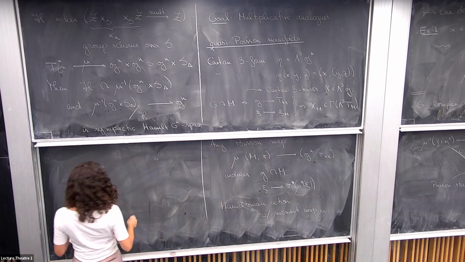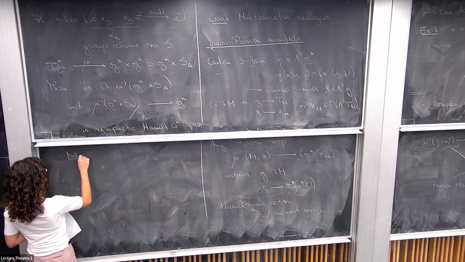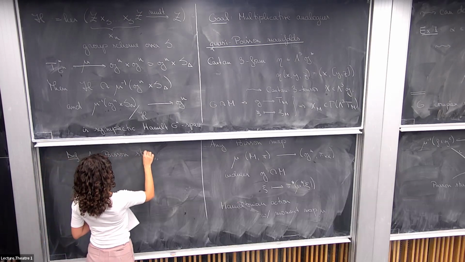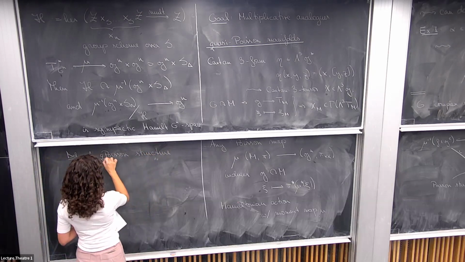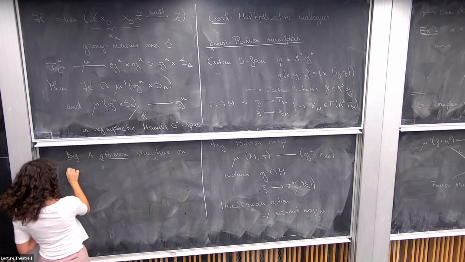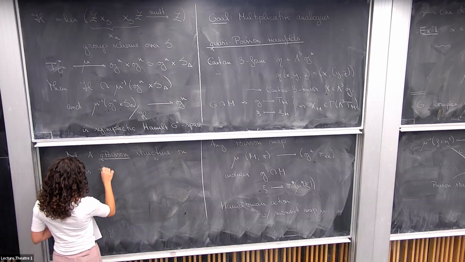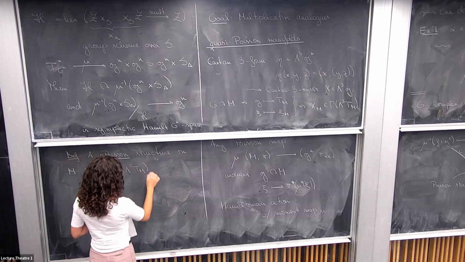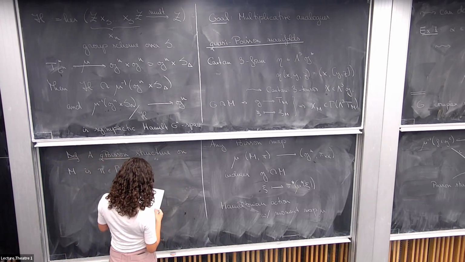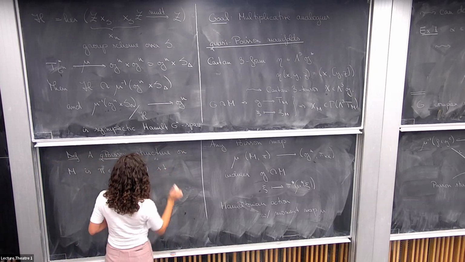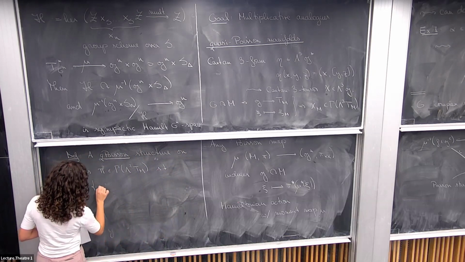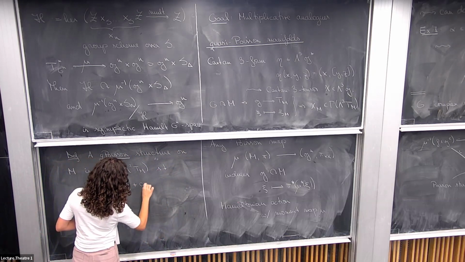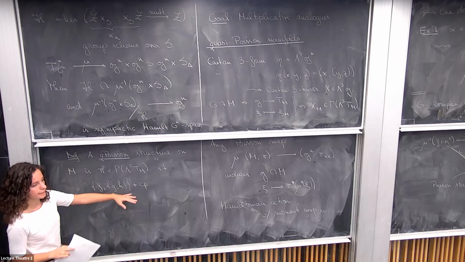And now I can give a definition: a quasi-Poisson structure on M is a bivector pi, a section of wedge squared TM, that has the property that the induced bracket satisfies a kind of twisted version of the Jacobi identity.